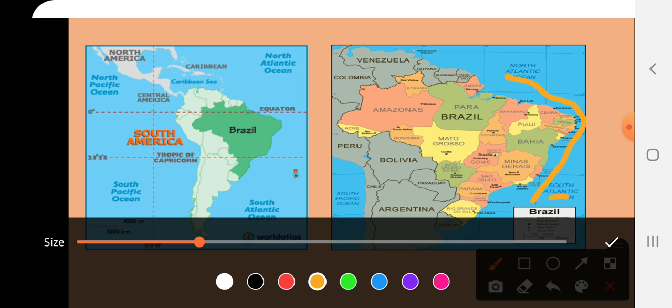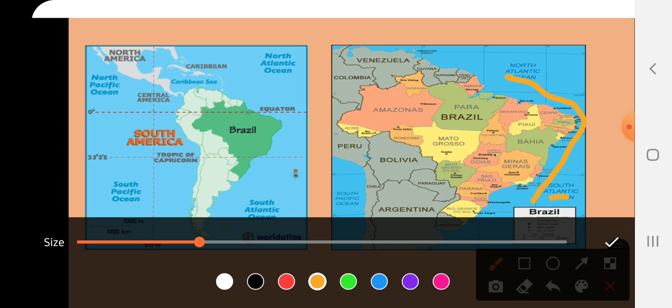In the western part, we don't find any oceans. When it comes to India, we have in the southern part, if you remember, the Arabian Sea on the western side and the Bay of Bengal towards the east. So these are some of the important things which you can remember.